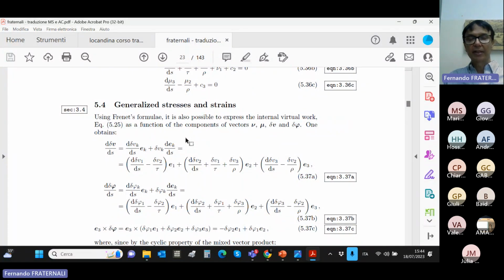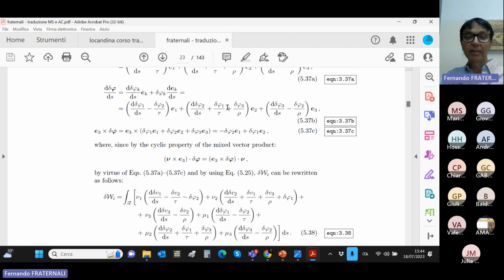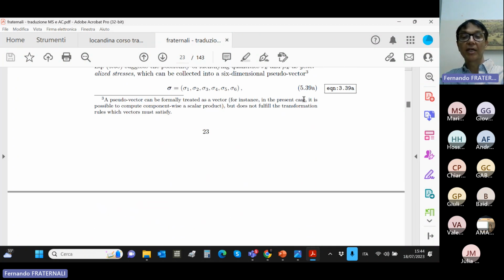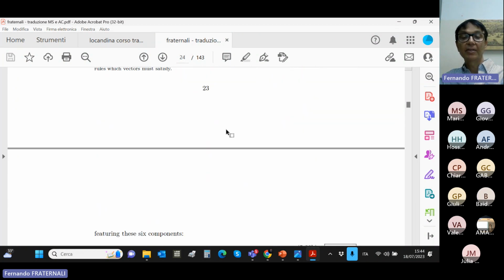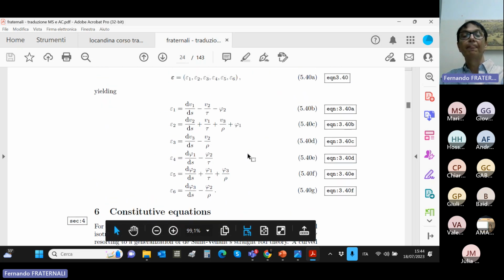So the components of nu and m, the resultant force and the resultant moments, give the generalized stresses, and the quantities that multiply those generalized stresses in the internal virtual work can be interpreted as generalized strains.